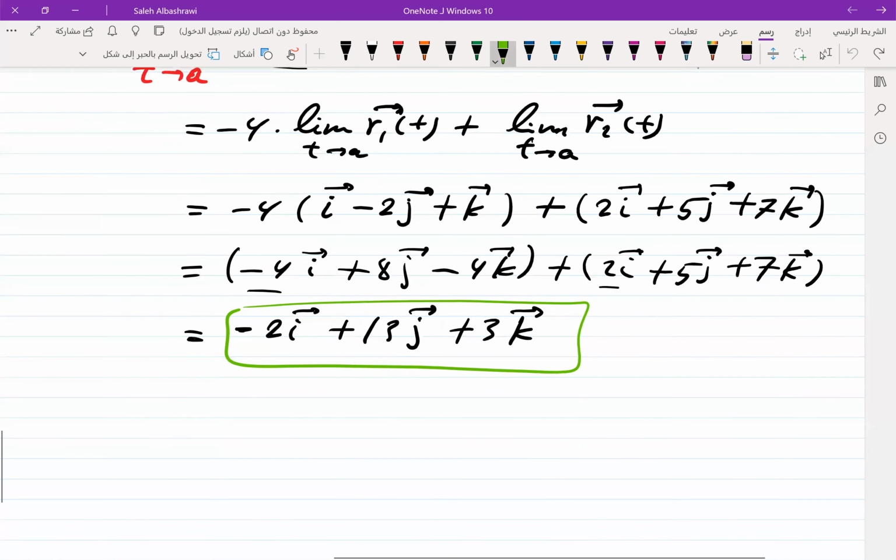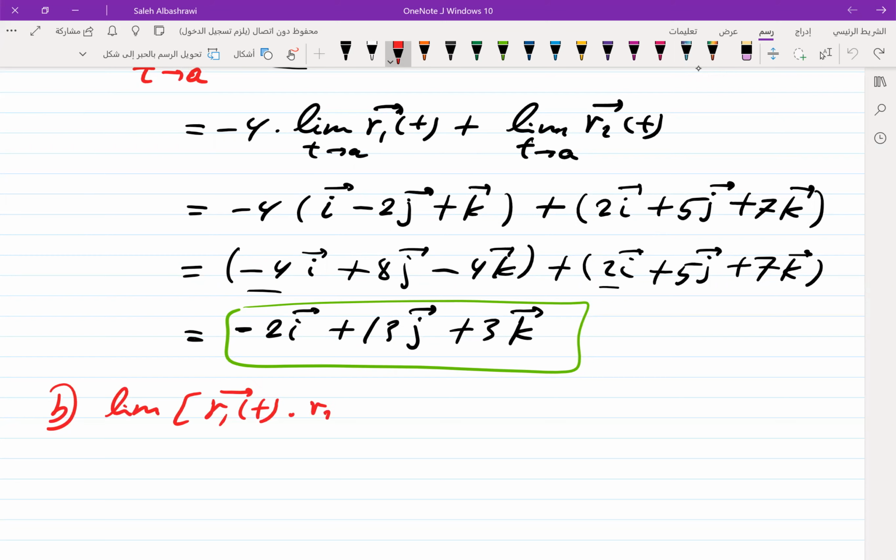Second one, (b). Find the limit of r1(t) dot r2(t) as t goes to a.